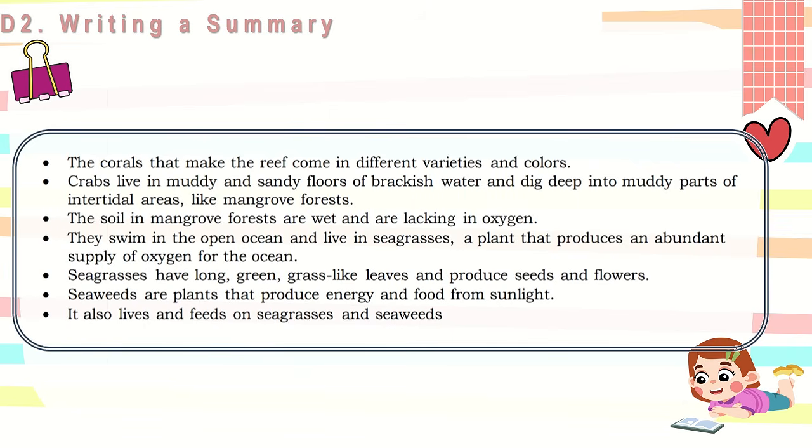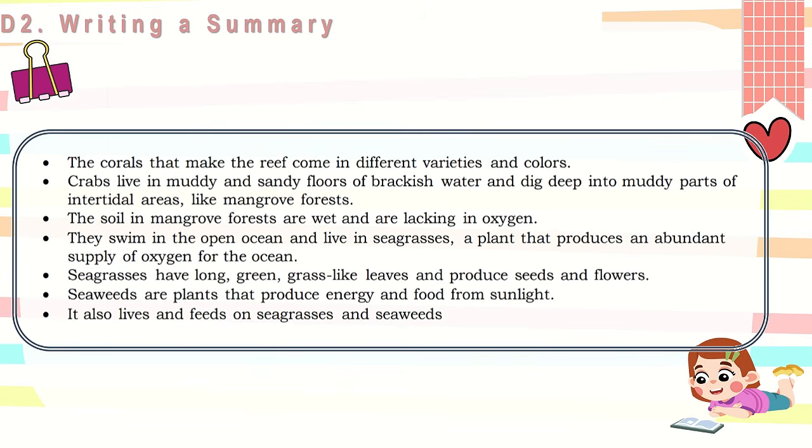The corals that make the reef come in different varieties and colors. Crabs live in muddy and sandy floors of brackish water and dig deep into muddy parts of intertidal areas like mangrove forest. The soil in mangrove forests are wet and are lacking in oxygen.